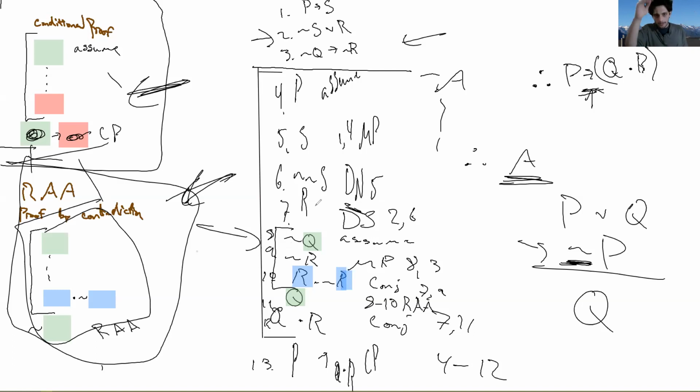So the name of the game when you're doing these proofs, whether you're looking for a subproof or just thinking of a regular inference rule, is to see what the main operator of that sentence is. Okay, cool. What rules work on that operator? Because if you're not thinking about the main operators, then you're not going to be able to do any sort of implication rules.